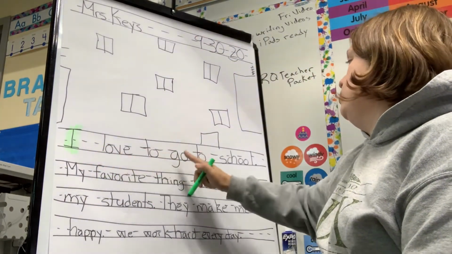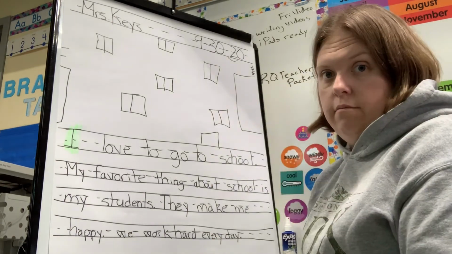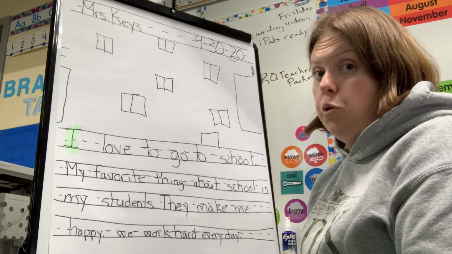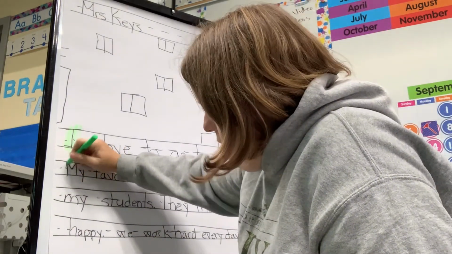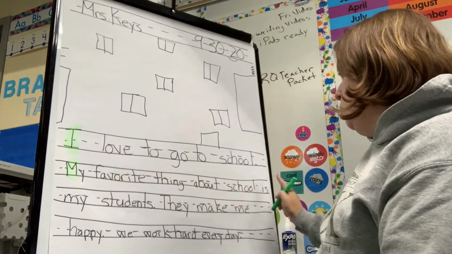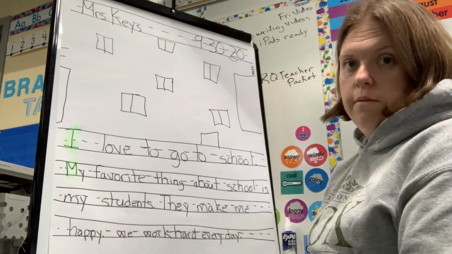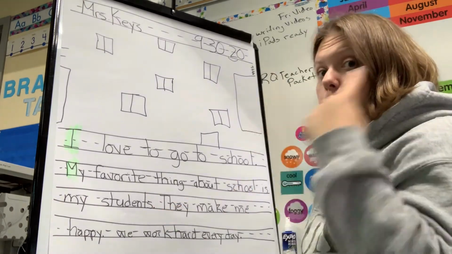I love to go to school. Period. First thought. I started with a capital. New thought. My. It's a capital M. My favorite thing about school is my students. Finished thought. Period. New thought.